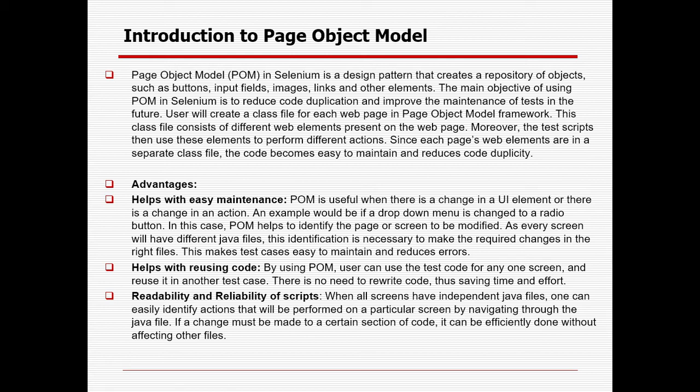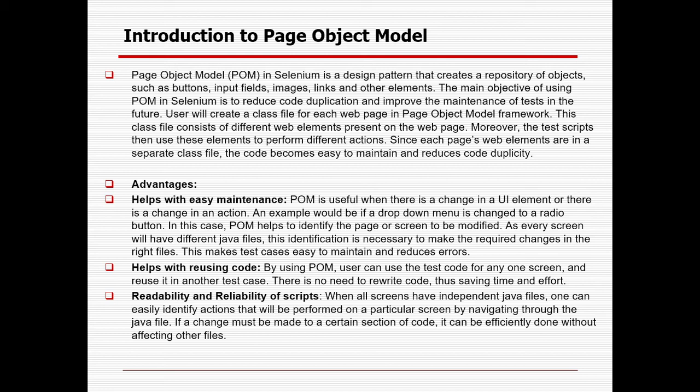Initially we identified the particular web element with a web element locator technique, but as it changes to a radio button, definitely the web element locator value will change. We need to update the web element locator value. After that, as we wrote the methods or functions to select a drop down value, but now it is a radio button, we have to update the method pertaining to that functionality.